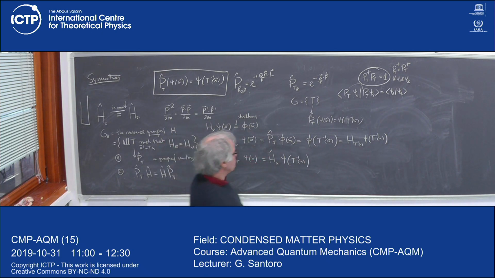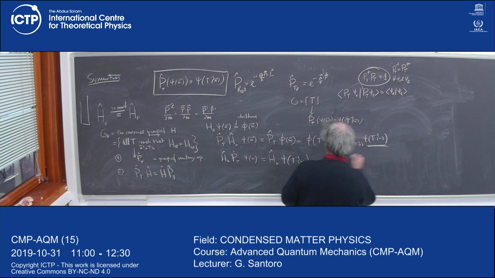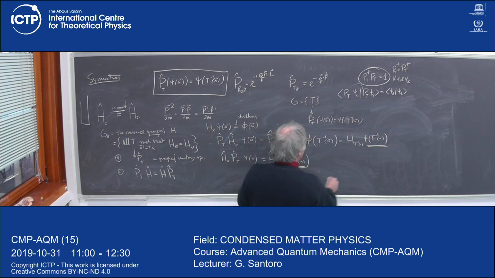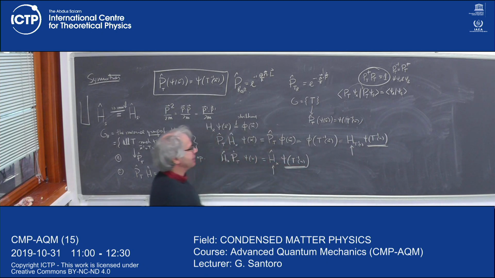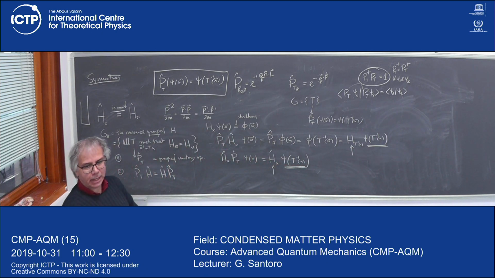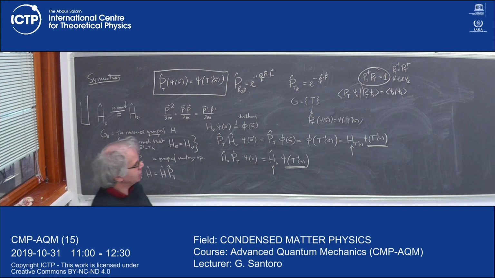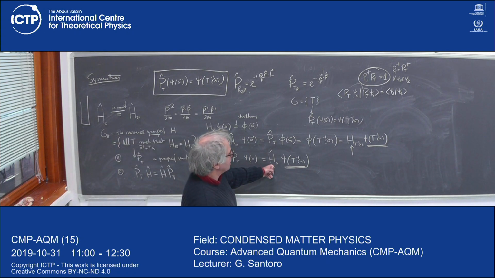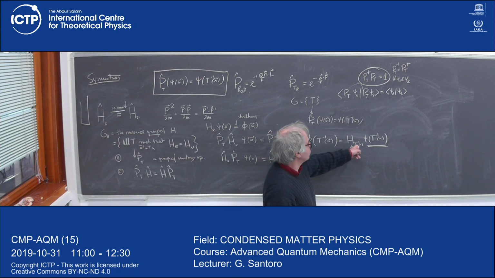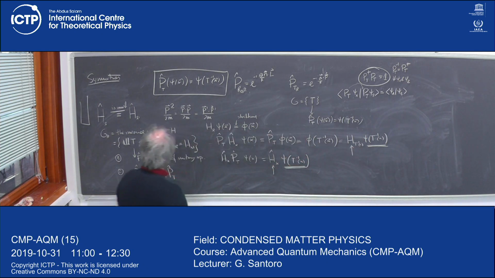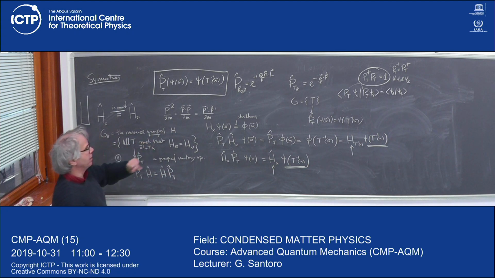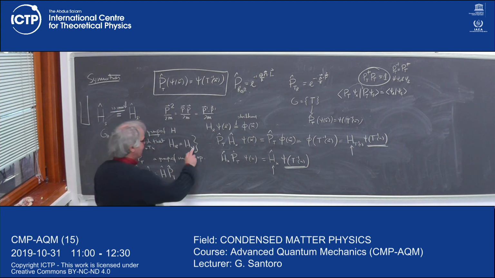Okay, so now you see that this is there, and the two objects differ by this against that. What do you think? This is the Hamiltonian in the x variable, and this is the Hamiltonian in the t to the minus 1 of x variable. Now I told you that t belongs to the invariance group, okay? Which means that if I put here t of x, this is the same.